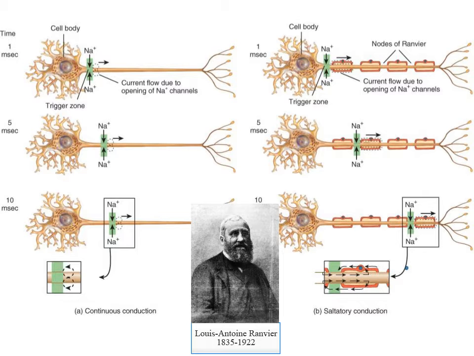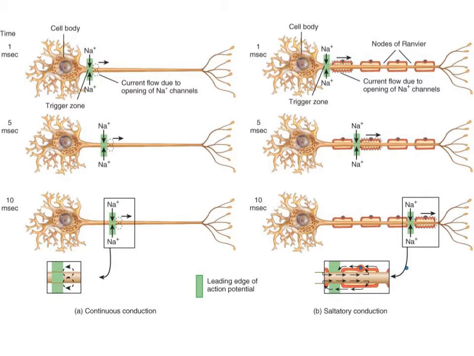And so he described these gaps in between adjacent neuroglial cells, and that's why we know them as nodes of Ranvier. So it's important to realize that the depolarization in myelinated axons only happens in the nodes. It doesn't happen in the insulated portions. And so it starts at one end, jumps to the next node, and then the next node. And as a result, saltatory conduction tends to be a lot faster than continuous conduction.